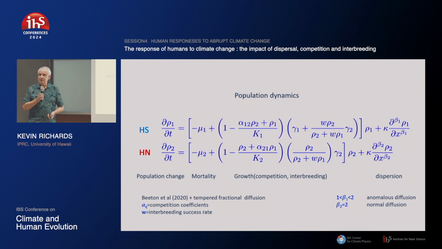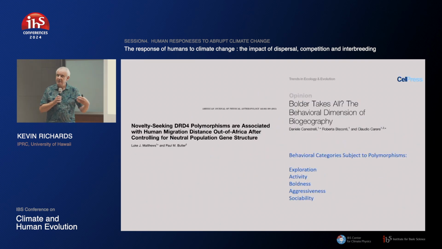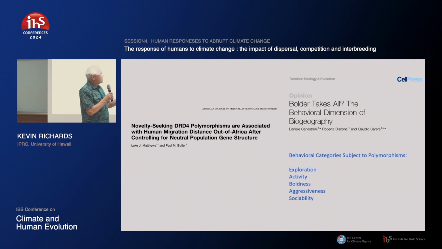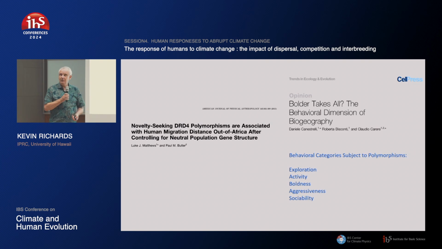For Neanderthals, we're going to assume that they undertake normal diffusion, so the exponent here is a factor of 2. But for the Homo sapiens, we're going to recognize that maybe they're more adventurous, and there's evidence that suggests that the Homo sapiens coming out of Africa had a so-called novelty-seeking gene, which is an allele of the dopamine receptor D4, which makes them more adventurous.